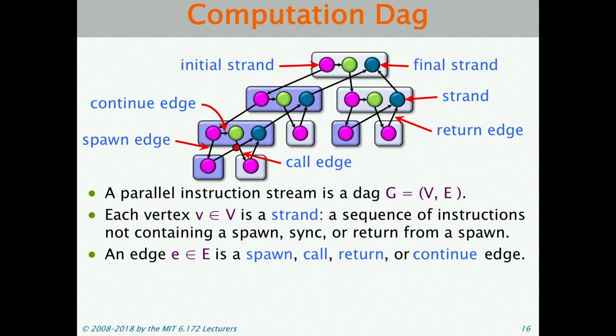So in this example, these are coming out of the green nodes and going to a magenta node. A return edge corresponds to an edge going back up to the parent caller. So here it's going into one of these blue nodes. And then finally, a continue edge is just the other edge when you spawn a function. So this is the edge that goes to the green node. It's representing the computation after you spawn something.